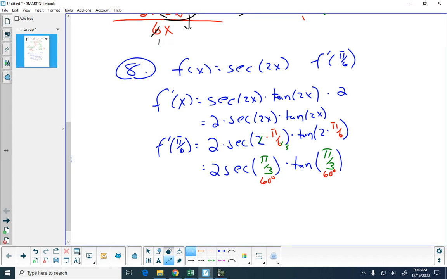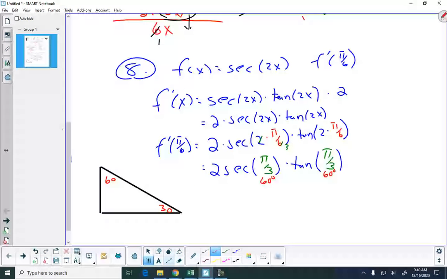So now we can look at a 30-60 right triangle, and there are 3 values that go with a 30-60 right triangle.